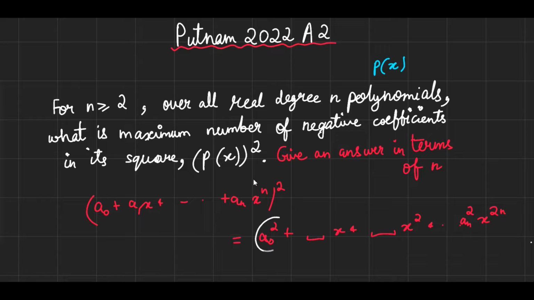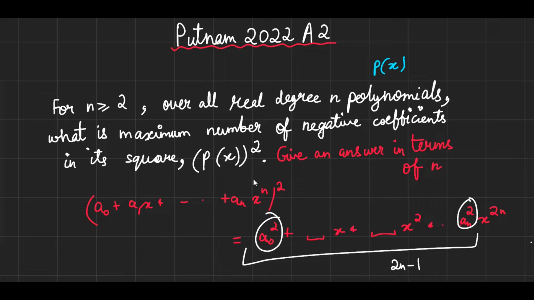You notice that these terms are going to be positive anyways, and of course we've got 2n plus 1 coefficients here, so no matter what I do, 2n minus 1 is the maximum number of negatives I can have. It's an upper bound, not the exact maximum, but I cannot have more than 2n minus 1, right? Because 2 are always going to be positive.